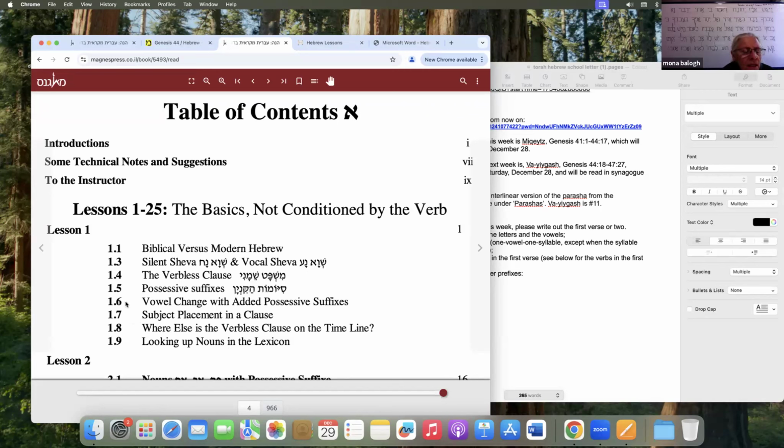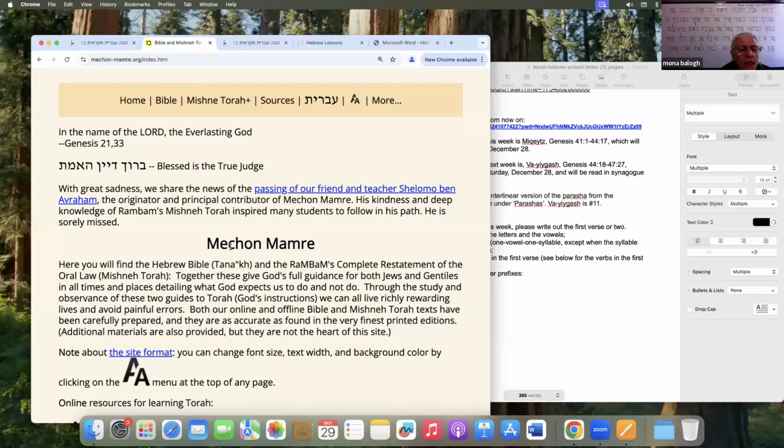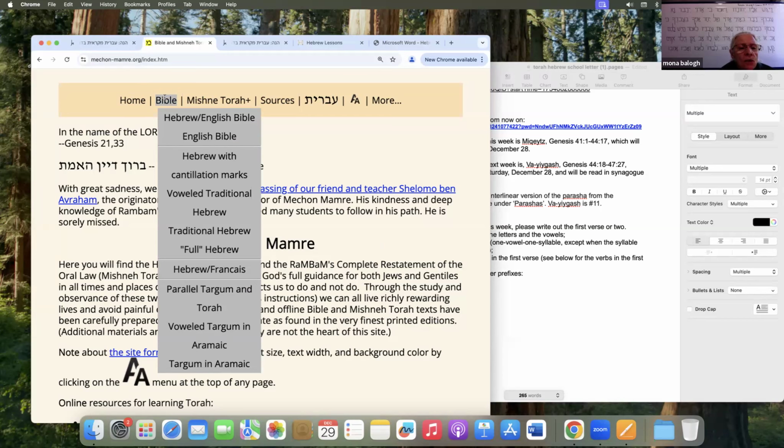All right, so now we're going to go to my favorite online Bible, and this is called, well, that's Parasha Vayigash. Let's go to the home page here. This is called Mechon Mamre. So Mechon Mamre has a wonderful list of all the Old Testament, what we call the Old Testament if you're Christian, or the Tanakh if you're Jewish.